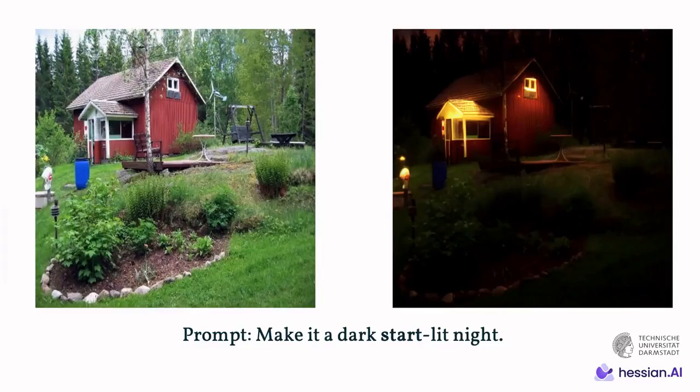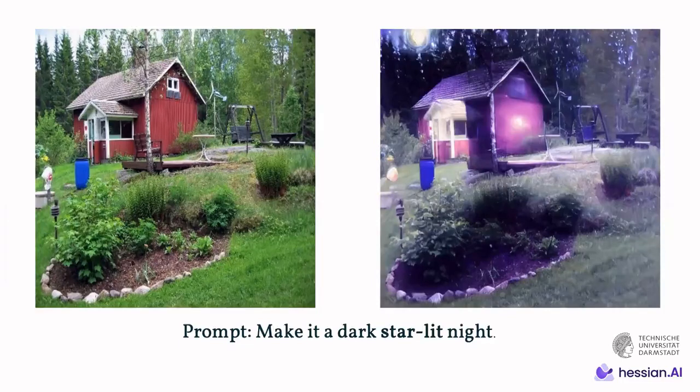So we had this input image, and we gave it a prompt. There's something funny in the prompt, you might see it, right? It says make it a dark starlit night instead of star lit night. And then it gave us this. Not very good, but sure, I can live with it maybe.